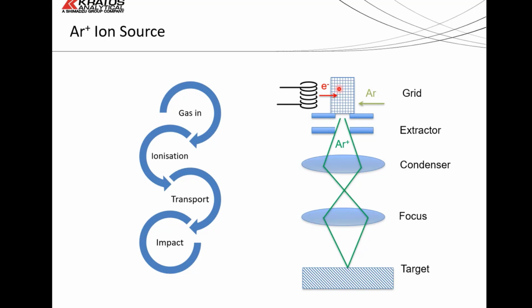Then at the opening to this grid, we have a negatively biased electrode called the extractor, which pulls the argon ions out into our lens column. Our lens column typically consists of two elements, the condenser lens and a focus lens, and that helps give you a small amount of demagnification on your target.